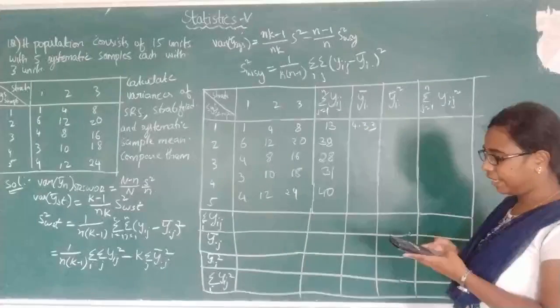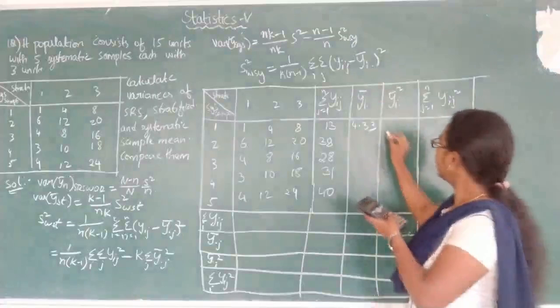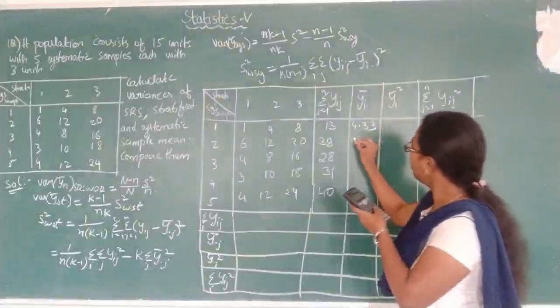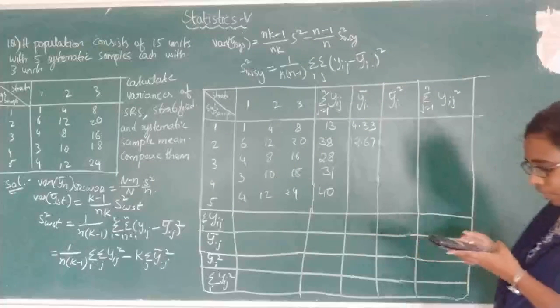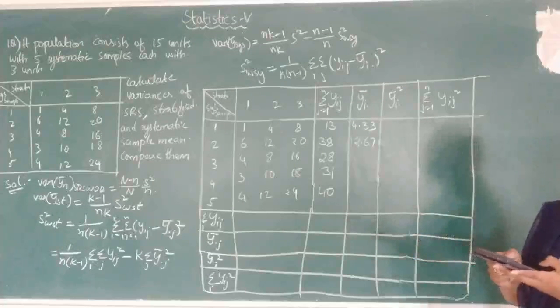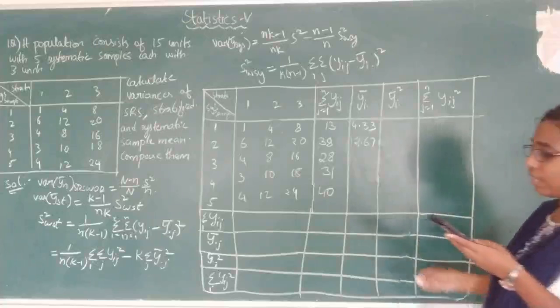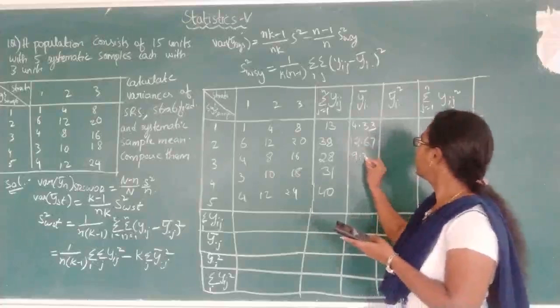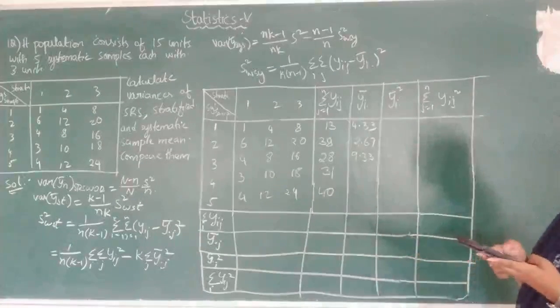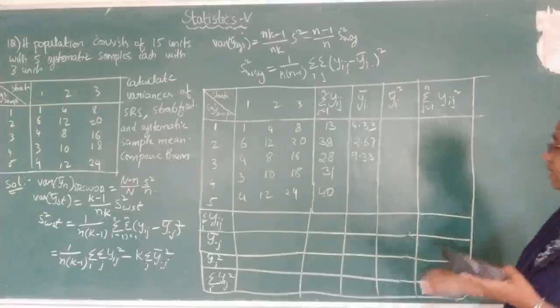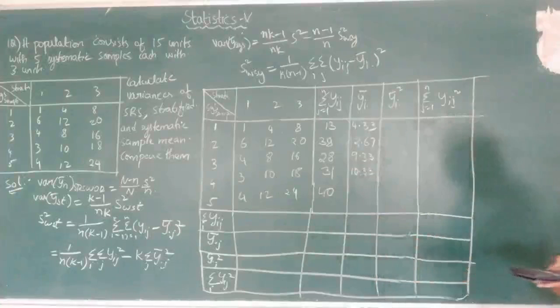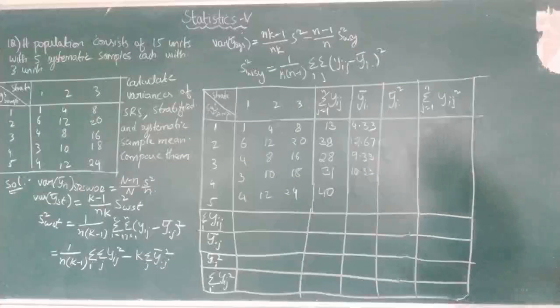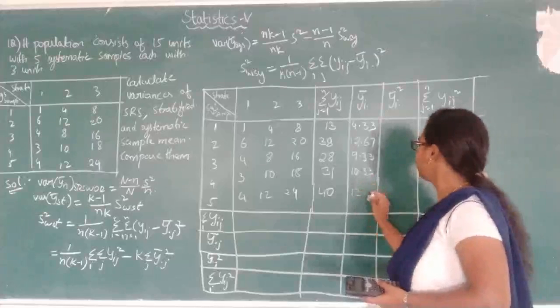Similarly, 38 divided by 3, we will be getting 12.666, which can be written as 12.67. Similarly, 20 divided by 3 gives 9.33. And 31 divided by 3 gives 10.33. And the last, 40 divided by 3, gives 13.33.